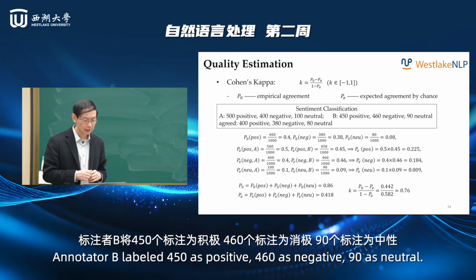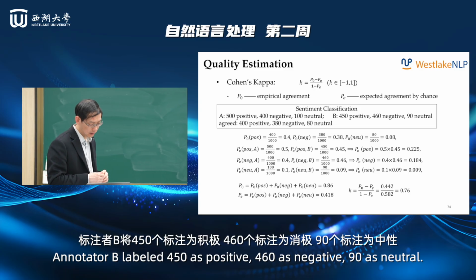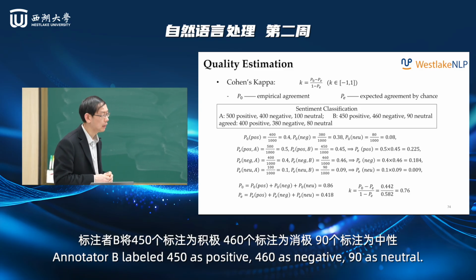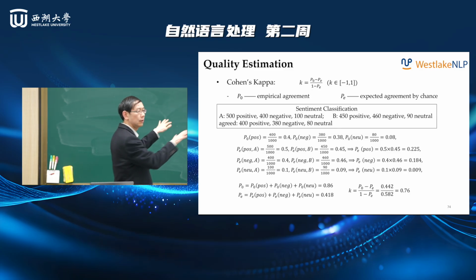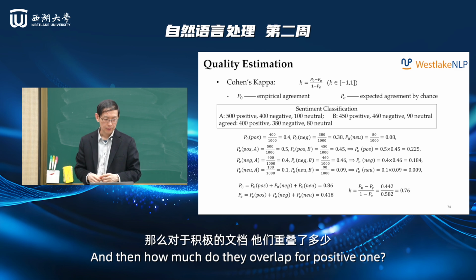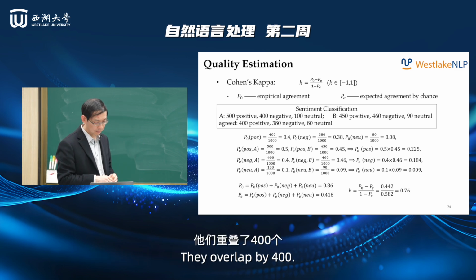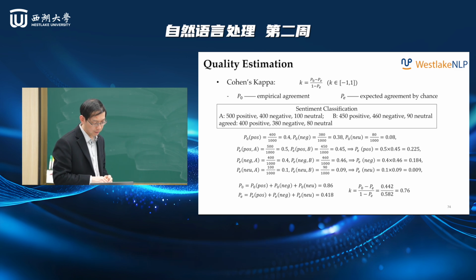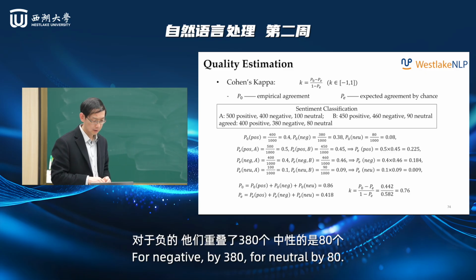Annotator B labeled 450 as positive, 460 as negative, and 90 as neutral. Then how much do they overlap? For positive, they overlap by 400. For negative, by 380. For neutral, by 80.